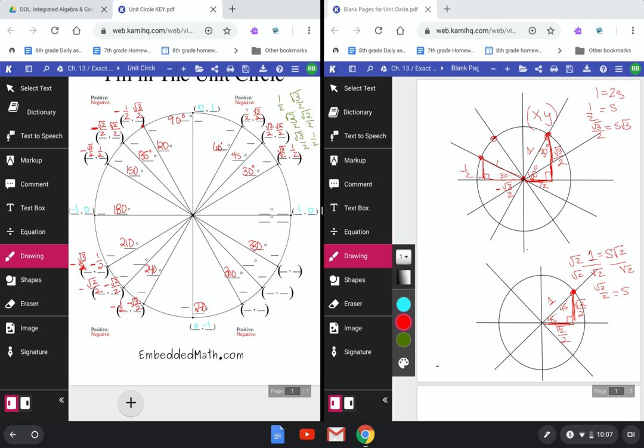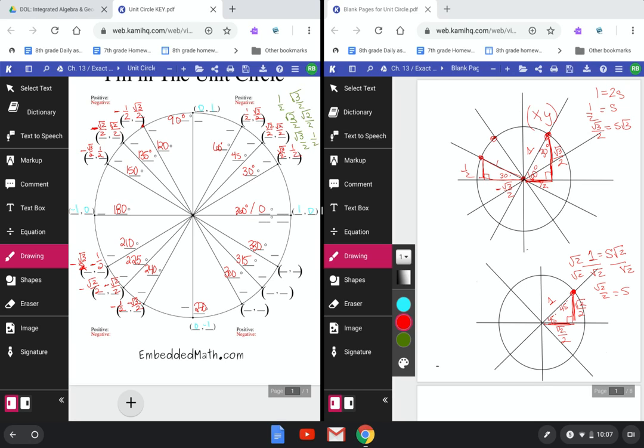This right here is 0 degrees, or 360 degrees. Now for the 45 degree angles, 180 plus 45 degrees gives you 225. And then 270 plus 45 degrees gives you 315 degrees.